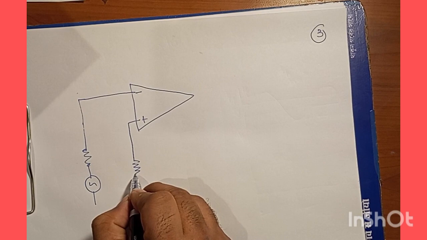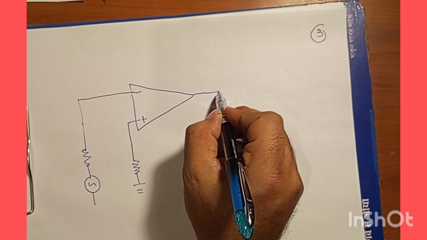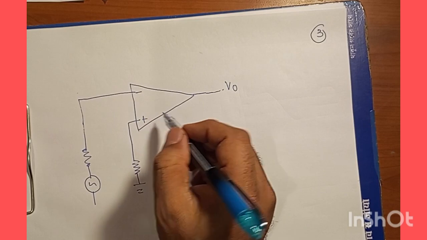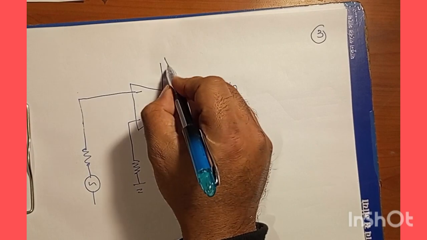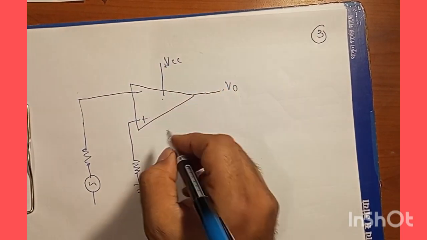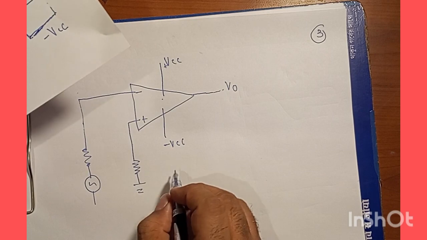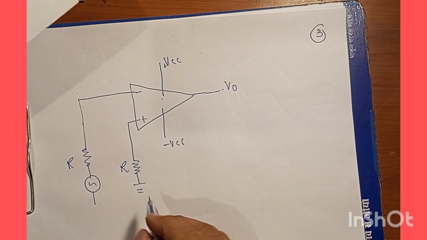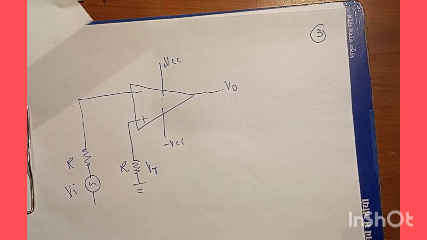Okay, so there is a resistance, and we have a ground here, and then we have Vout, and we have plus VCC here, and we have minus VCC here. All right, and so what will be the condition that we can have here? This is R, this is R, and here I have VI, and here I have VR, right?